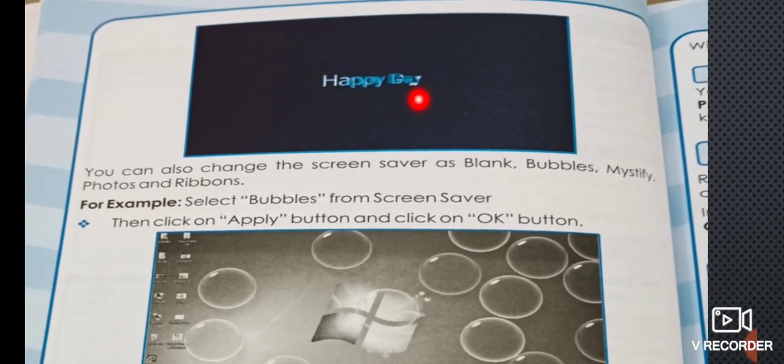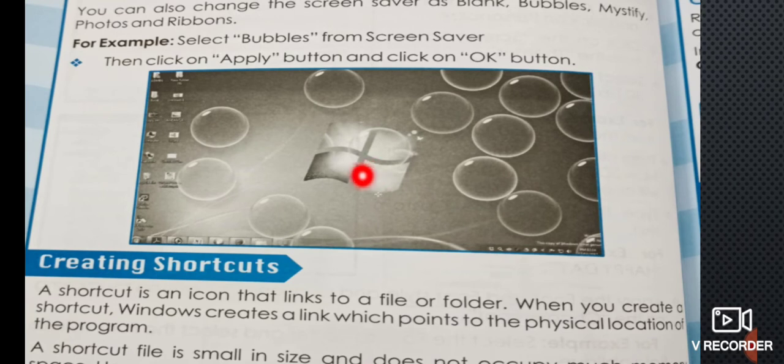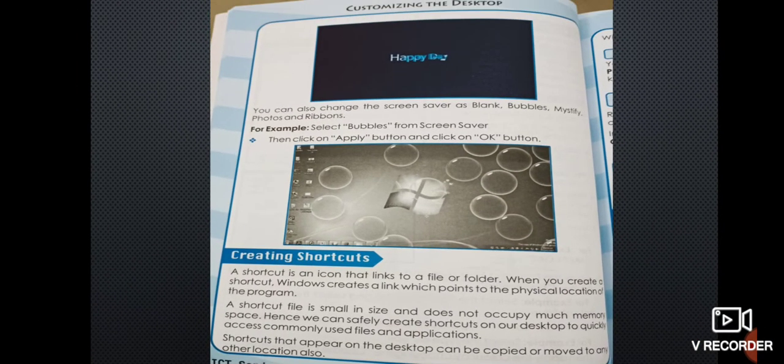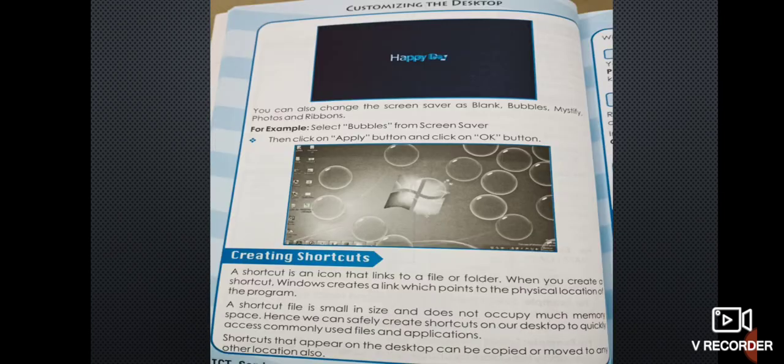You can see here the happy day moves up and down when the system is in idle position. And if you want bubbles, you can see the bubbles screensaver has been added. These are the few things that come under how to change your screensaver.